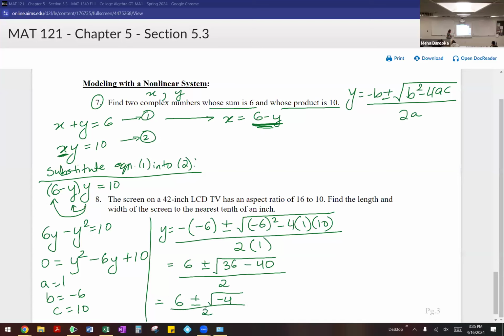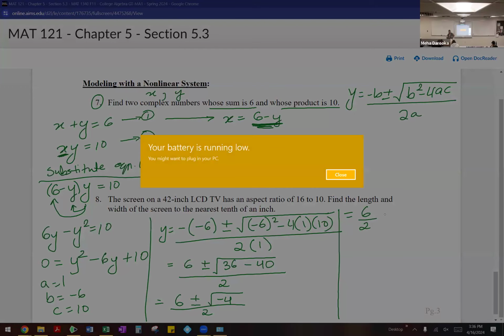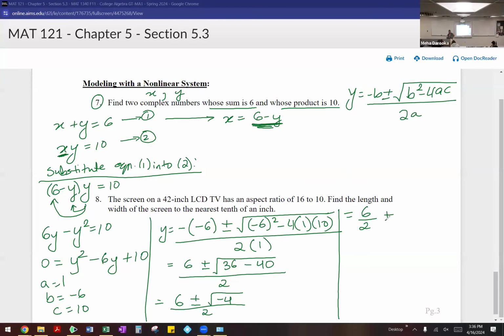Divided by 2, you can see that. So I'm going to separate that 6 divided by 2 plus or minus... How can I rewrite square root of -4 with the imaginary number? Square root of -4, how are you going to rewrite that with the imaginary number i?